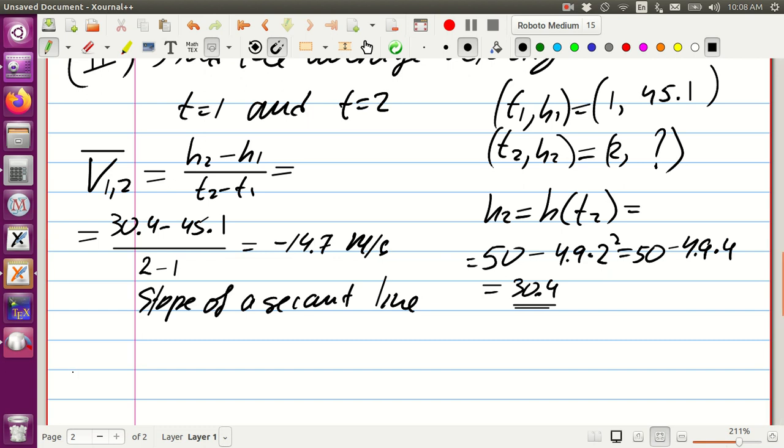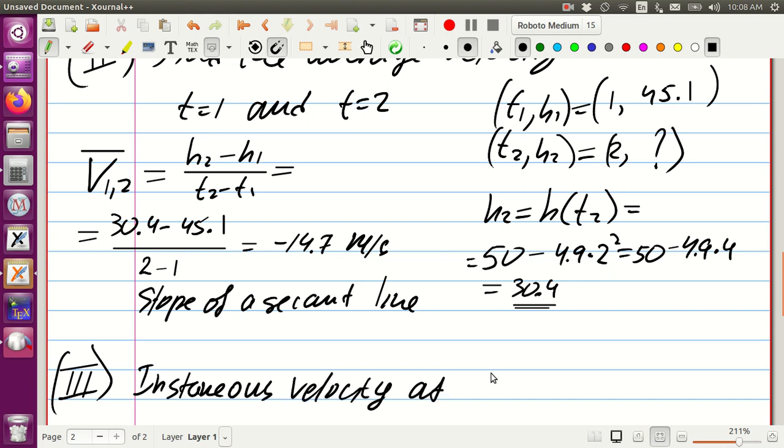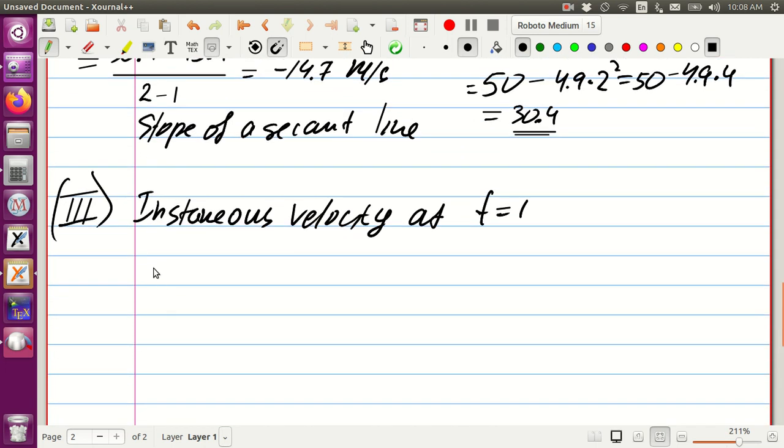All right, so let's change our task. Let's say we would like to know the instantaneous velocity at t equals 1. So basically, we have our parabola function, right?